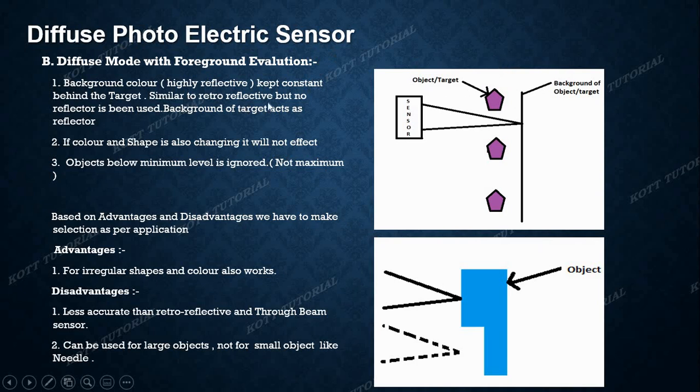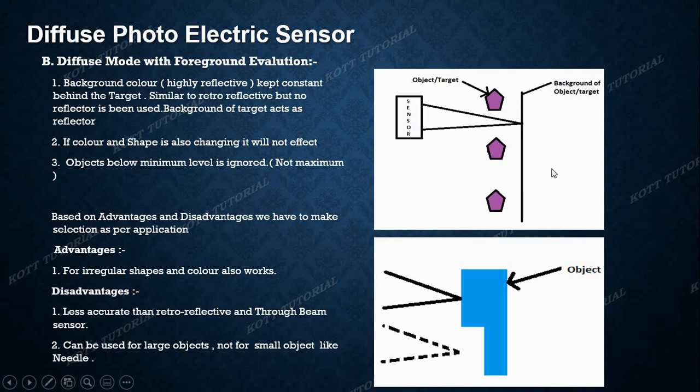It is similar to retroreflective. The retroreflective sensor has a reflector, a mirror-like object from which the light gets reflected, and if any product comes in between the sensor and the reflector, it will detect. But in this case we do not have a reflector.